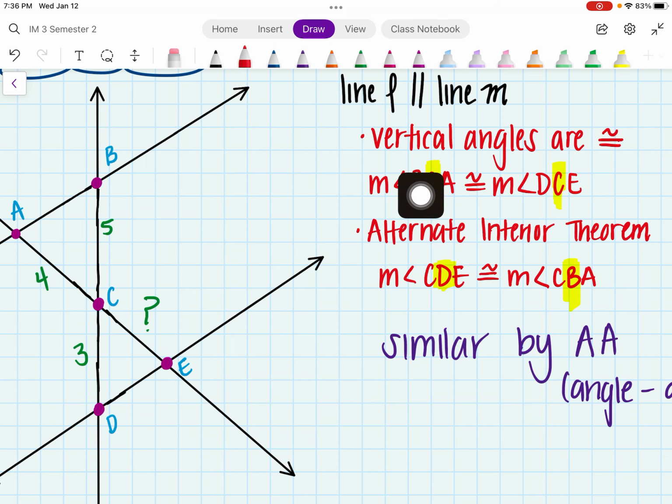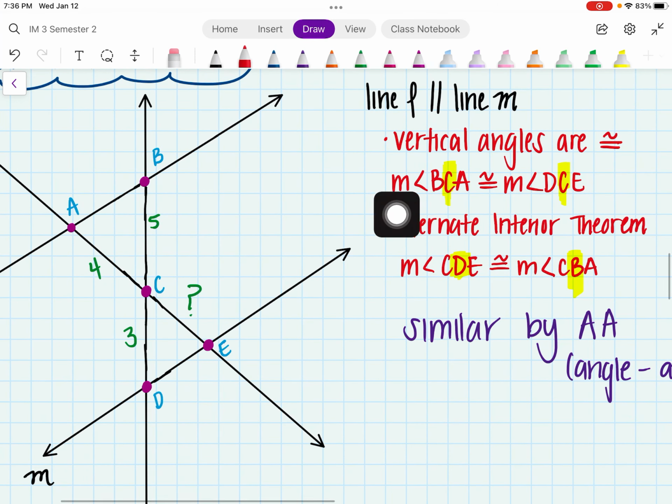Now, when they're giving you measurements in this format where you have 3 different angles, the middle angle is the one that's important. So they're telling us that the vertical angle BCA and angle DCE are congruent because they are vertical angles. So this is congruent to this angle because both of those are vertical angles. Vertical angles are congruent.